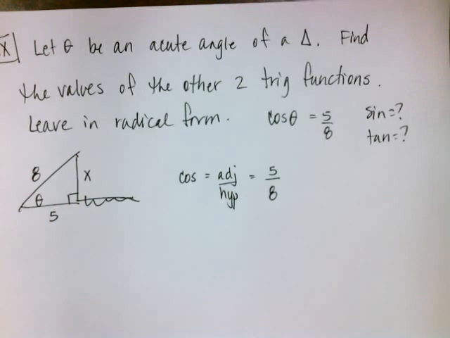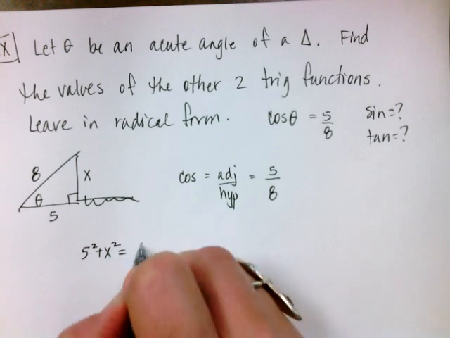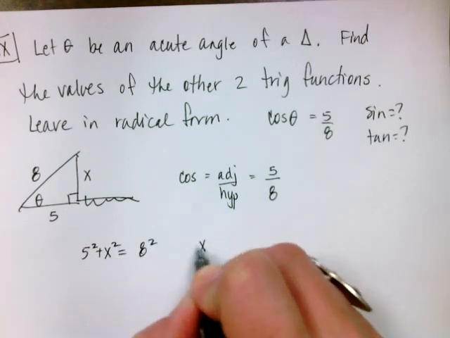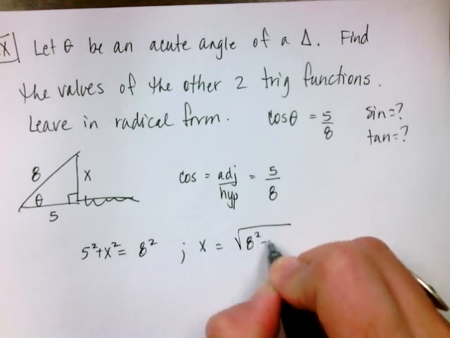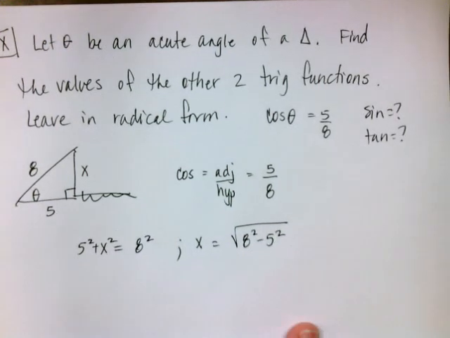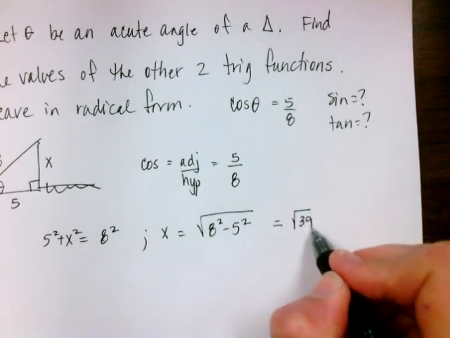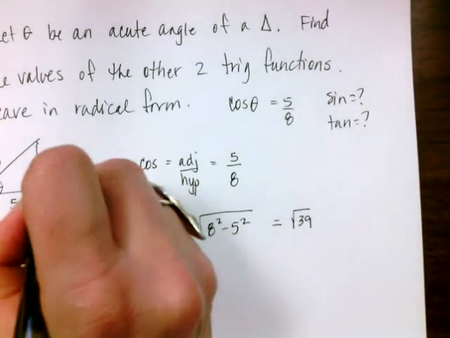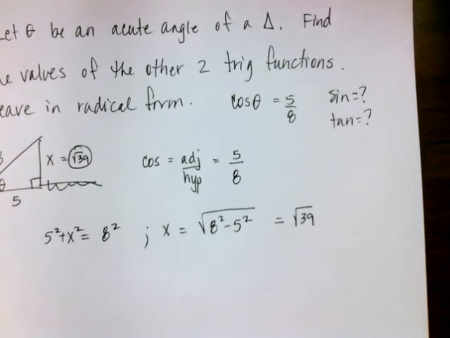So now I need to find this value, and I'm going to call it x. And now I could do the Pythagorean theorem. So 5 squared plus x squared is going to equal 8 squared. X is going to equal the square root of 8 squared minus 5 squared. I skipped a couple of math steps, and so I'm going to get the square root of 39. 39 doesn't reduce, and I'm going to add that to my diagram and circle it so I know I found it.